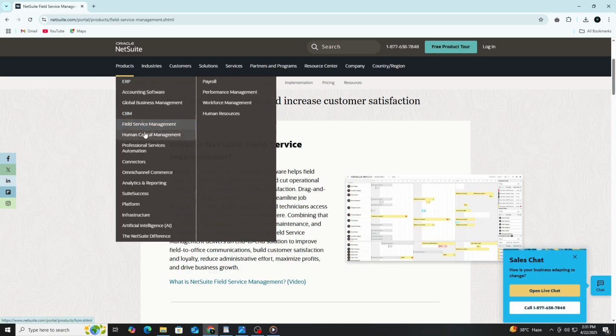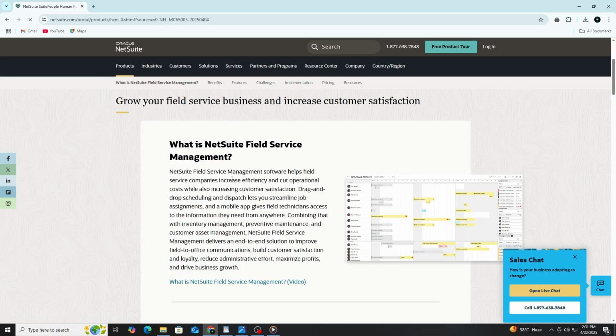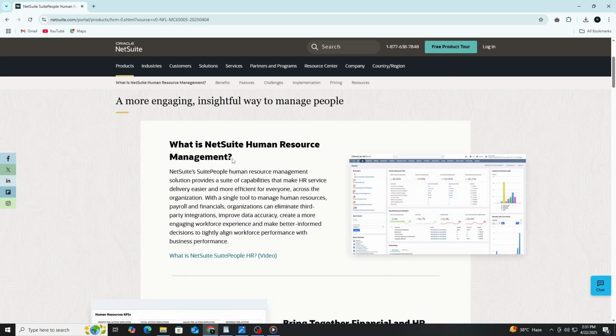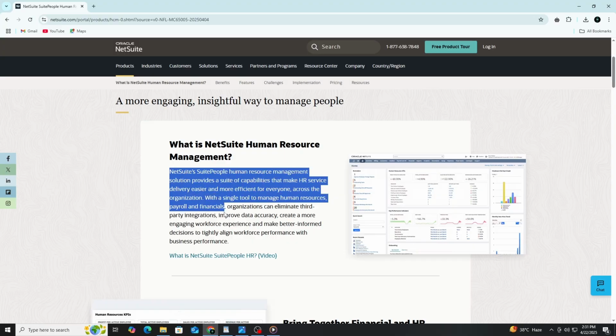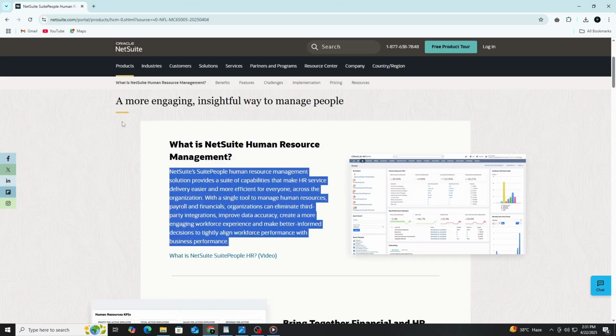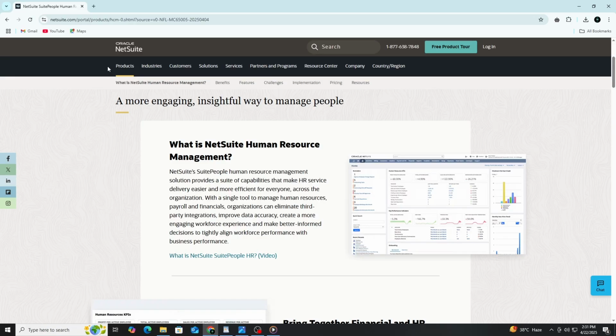Human capital management, HCM tools streamline the entire employee lifecycle, from hiring to retirement. It tracks employee data, payroll, performance, and time-off requests with features for recruitment, onboarding, and succession planning. The system also includes employee portals for self-service and compliance checks for labor laws and tax filings.